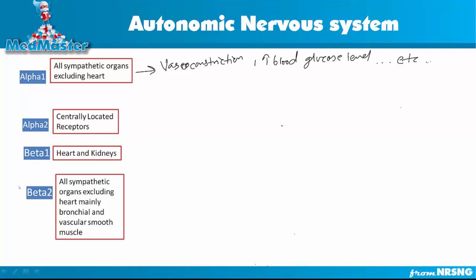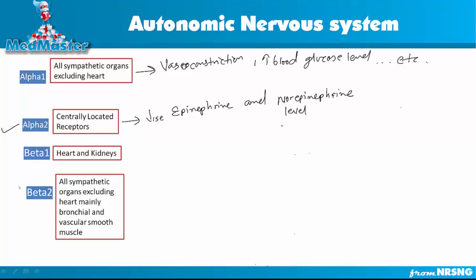Now when you excite this alpha 2 receptor, remember I told you in the previous slide, this is a little bit tricky. When we give any drugs that go to the brain and spinal cord, meaning the central nervous system, and bind to these alpha 2 receptors, it decreases the epinephrine and norepinephrine level.